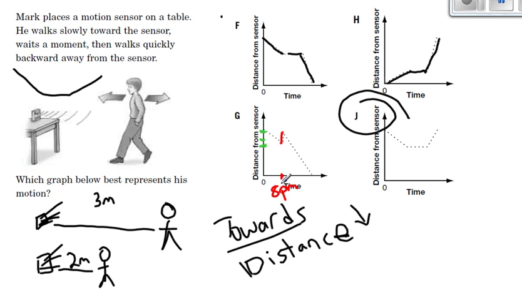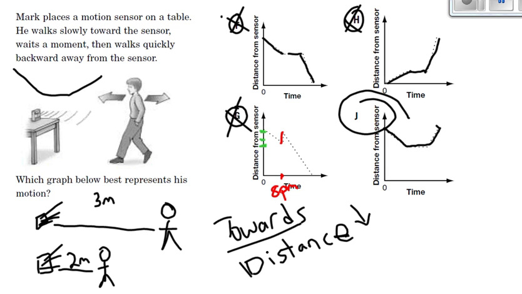In other words, at one moment in time, Mark is in several places at once. Now, we both know that's impossible, so you should never see a vertical line on a distance time graph. So it's definitely not G because it breaks the laws of physics. So again, the answer was J because we see walk towards, rest, walk away.